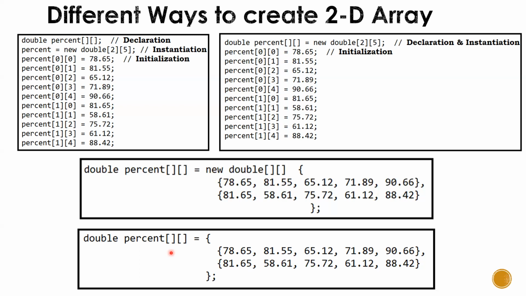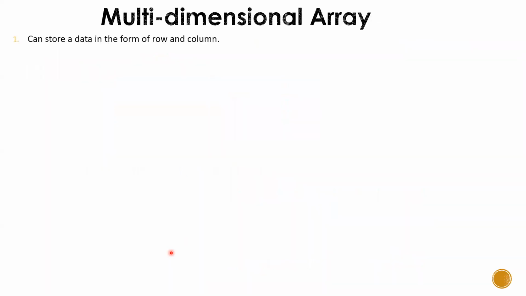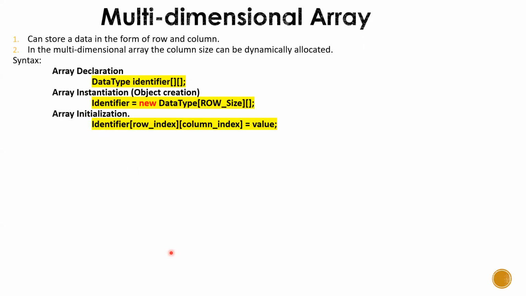We'll discuss the multi-dimensional array as well, because a multi-dimensional array also stores in the form of a row and column structure. But the difference here is that in the multi-dimensional array, the columns will be dynamically allocated. That means every row can have a different number of columns. Let's see the syntax of the multidimensional array.